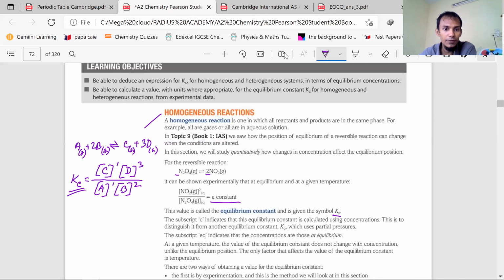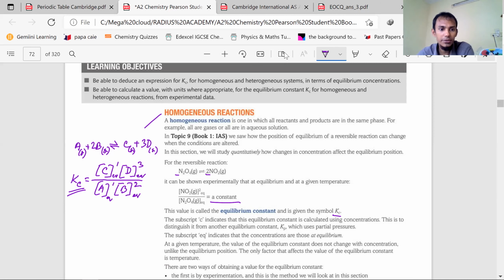And one thing you need to understand: we don't write it, but these are the concentrations of A, B, C, and D at equilibrium position. Only when the reactants and products reach dynamic equilibrium is this true.